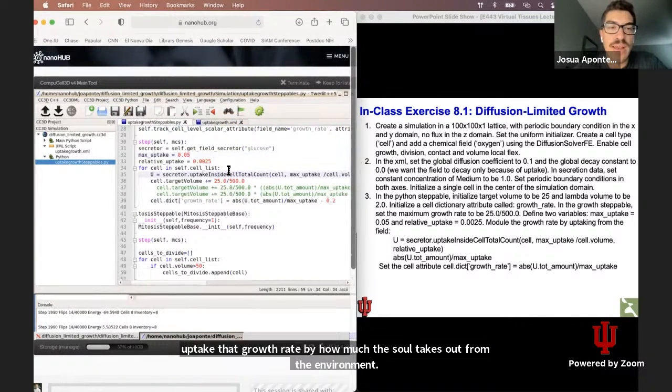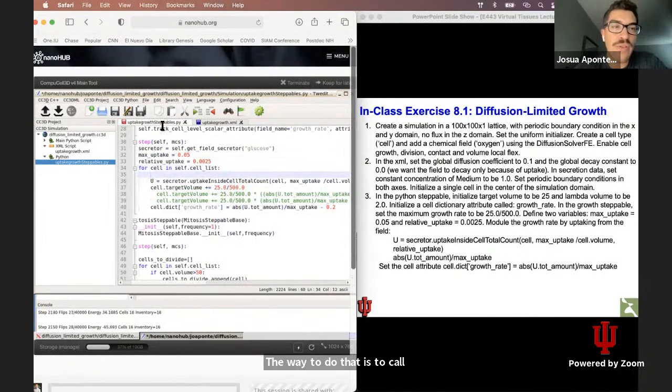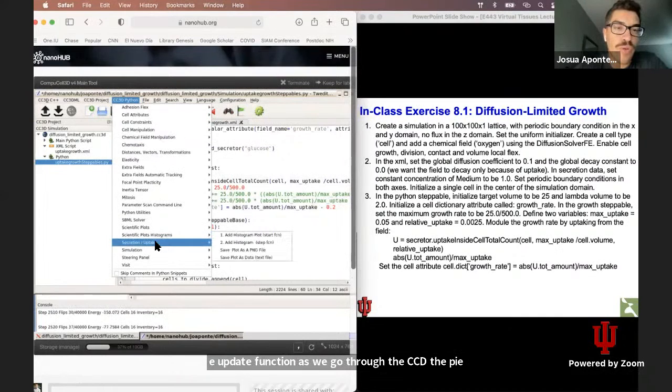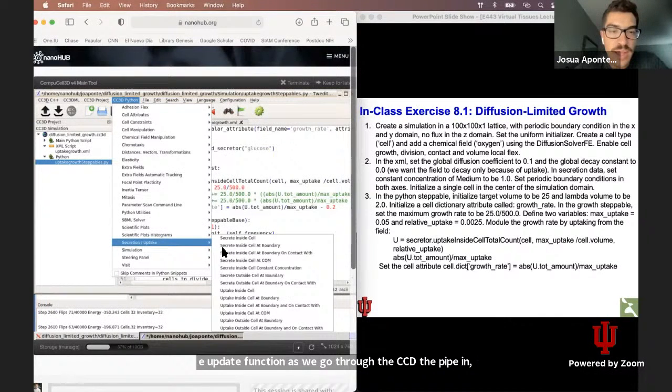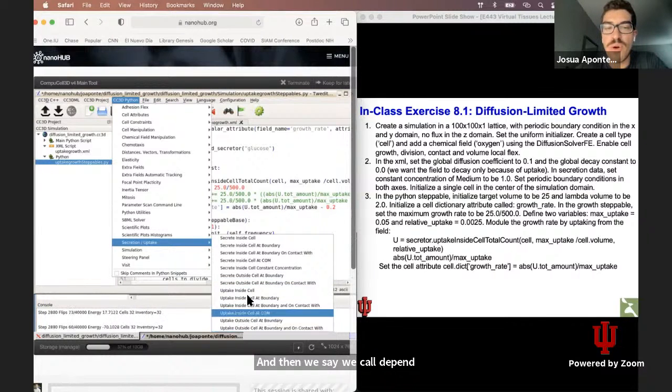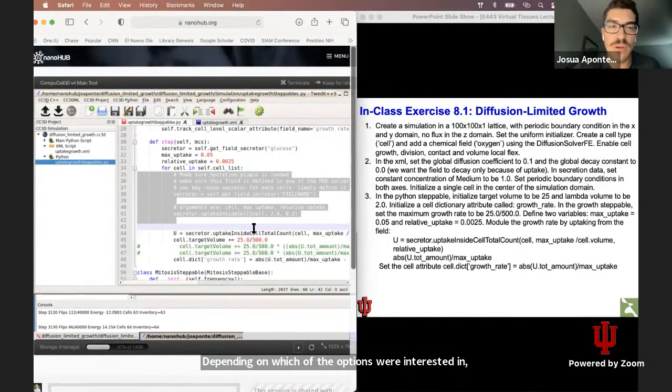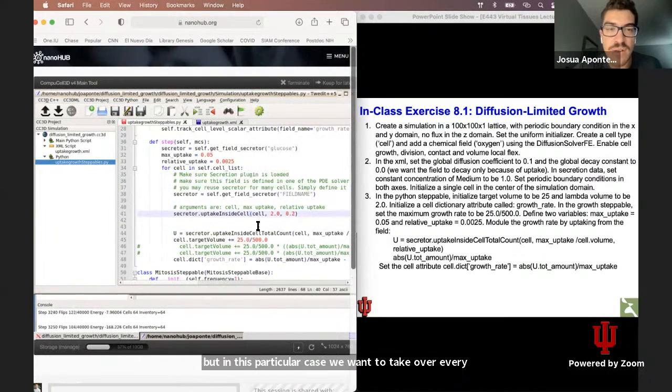The way to do that is to call our secretion function, our uptake function. And the way to call the uptake function is we go to the CC3D Python and we go to secretion uptake, and then we call, depending on which of the options we're interested in, but in this particular case, we want to take over every single pixel of the cell, so we call uptake inside cell.